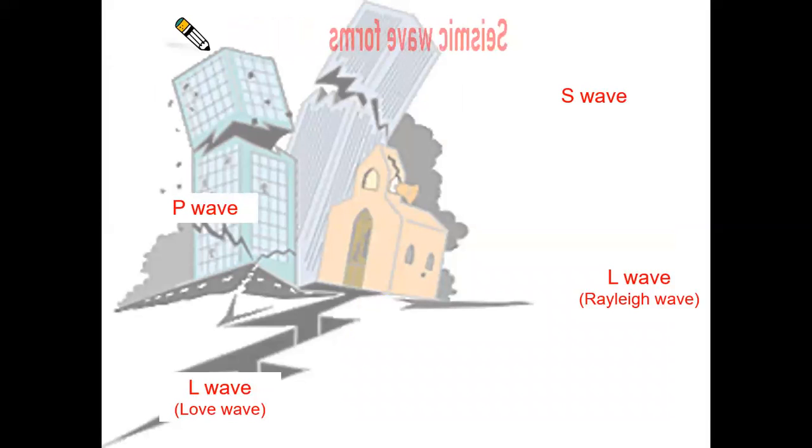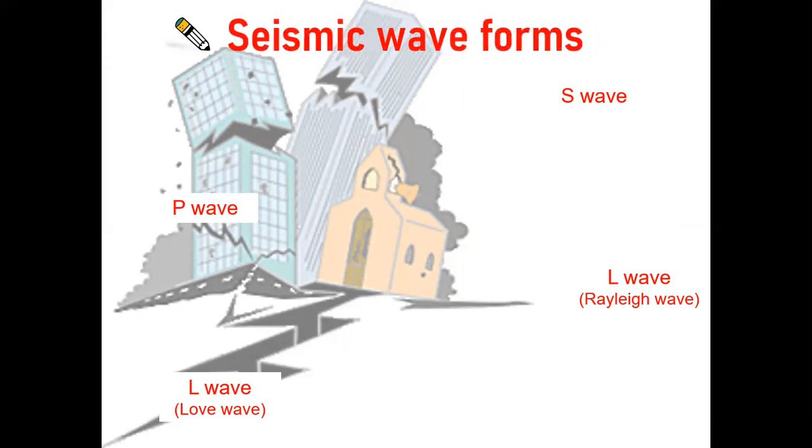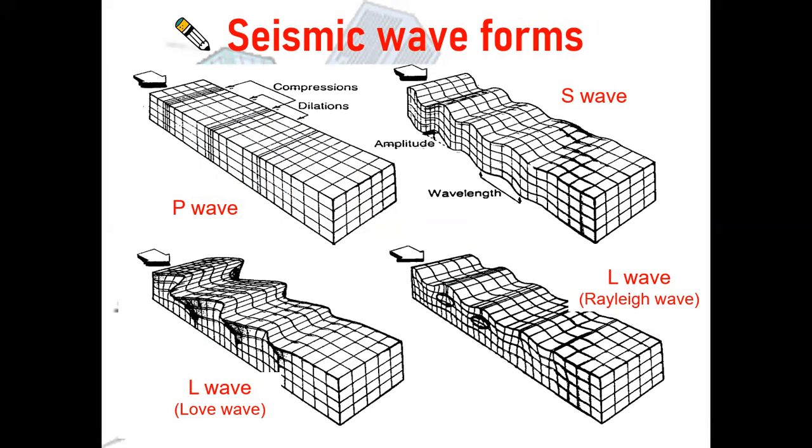We can have different seismic waves. There are four of them. We have the P wave, the S wave, and the L waves, of which we have two: the Love wave and the Rayleigh wave. Okay, they have different shapes. The P wave is the first one to appear. It's called the primary wave.